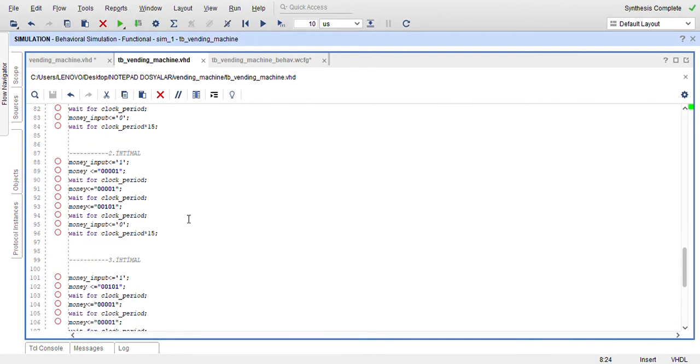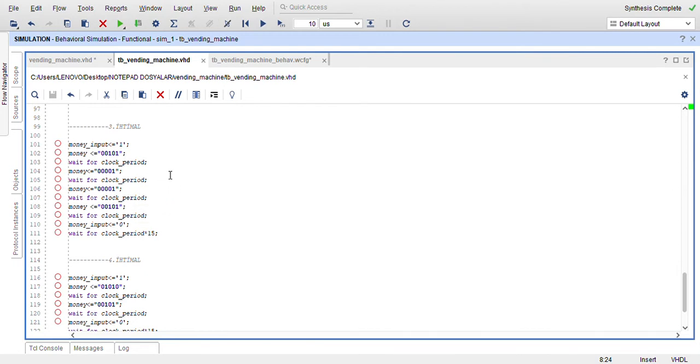Then our second possibility, 1 Turkish lira, 1 Turkish lira, 5 Turkish liras, which is 7 Turkish liras, and it is not enough to buy the product, so it will give the missing money signal. And third possibility, 5, 1, 1, 5 Turkish liras.